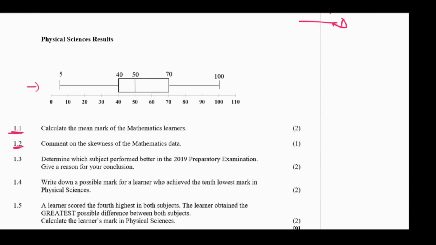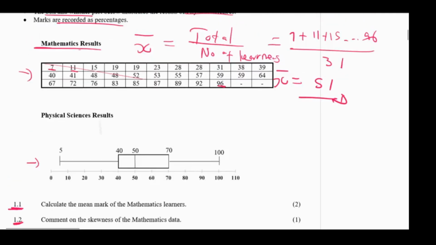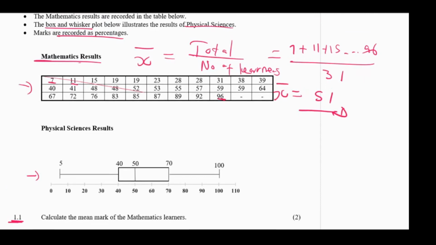Comment on the skewness of the mathematics data. For the mere fact that we have a mean of 51, it tells us that most of the numbers are ranging within 51%.